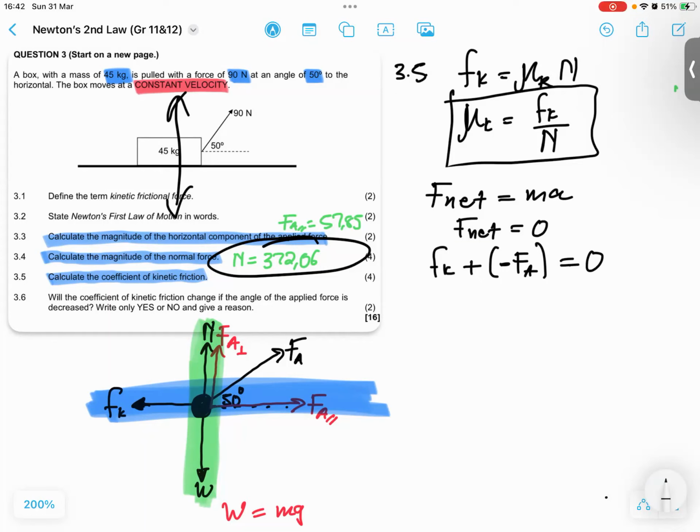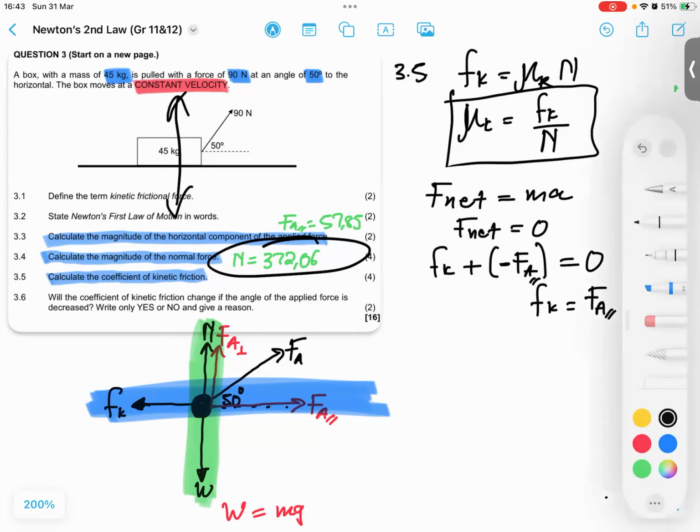So Fk is positive, and the parallel component of F applied is negative. Meaning that Fk is equal to the F applied parallel or horizontal component. And we already calculated the horizontal component of F applied from question 3.3.